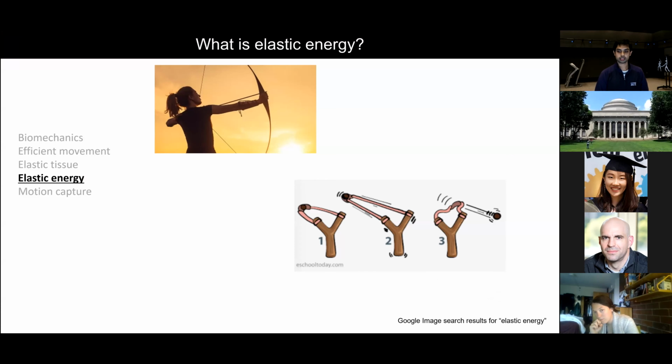So what is elastic energy? So we looked at biomechanics, efficient movement, and elastic tissue. Now, what is elastic energy? When I stretch the resistance band, it has more energy, more capacity to do work. So there are two factors here, right? Hopefully you can see a skinny elastic resistance band and a thick one, right? We could use these for different exercises, whatever it is.